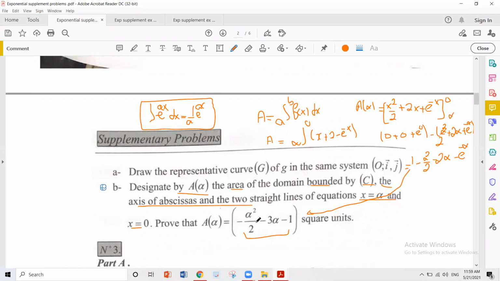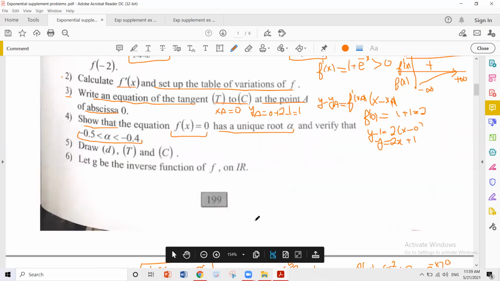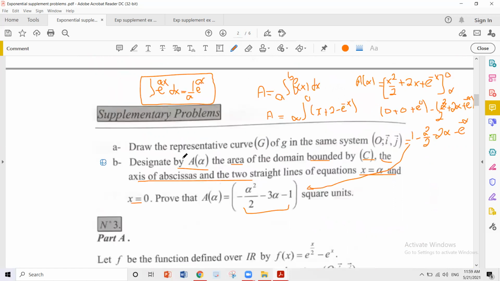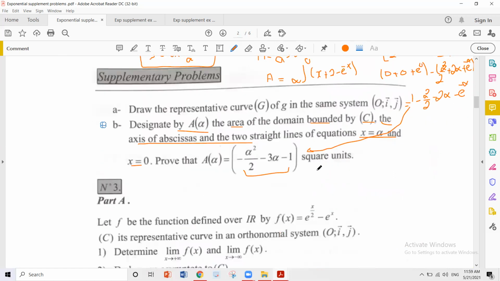From where do we get alpha? Alpha is a root of the equation f(x) equals 0. What does it mean? f of alpha equals 0.